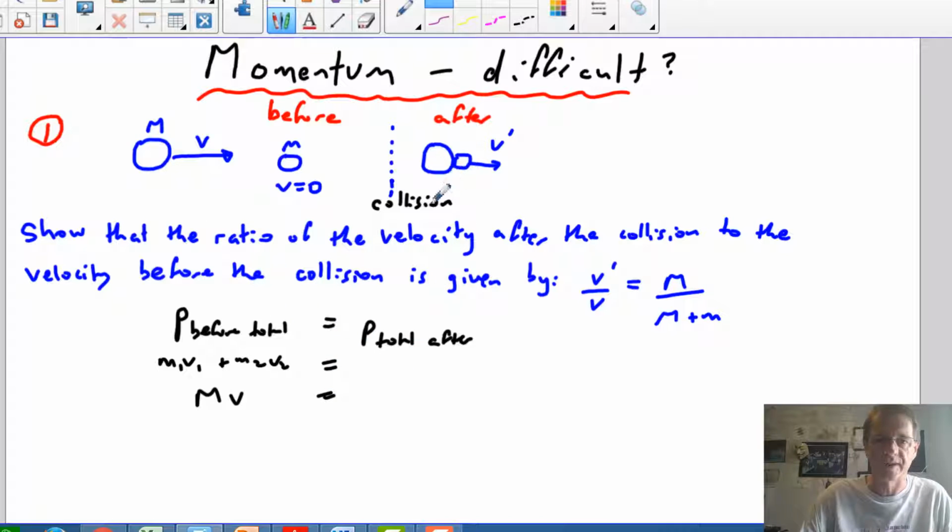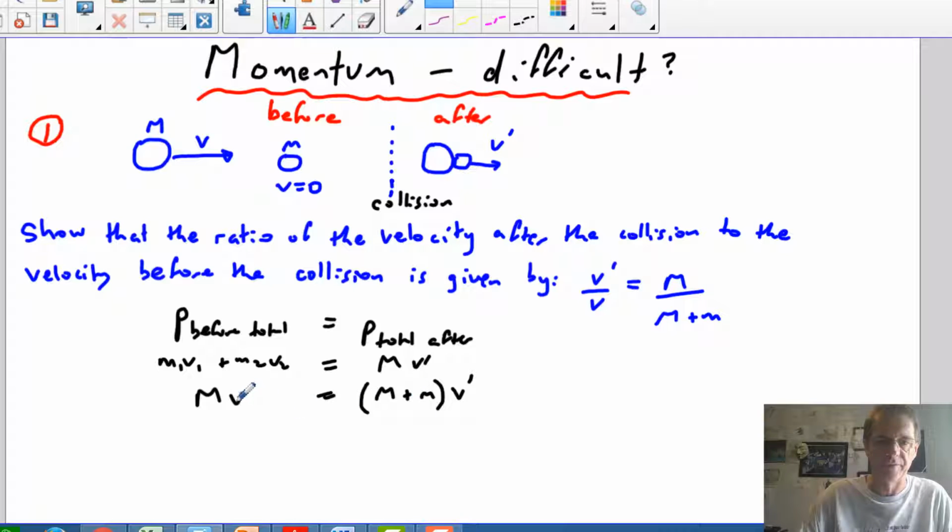Afterwards, you've got one object stuck together, so you're looking at a total mass times one velocity. What is the total mass? Well, it's m plus M now because it's stuck together, times v dashed. So that represents your velocity afterwards. Okay, now we just need to get the expression v dashed over v.